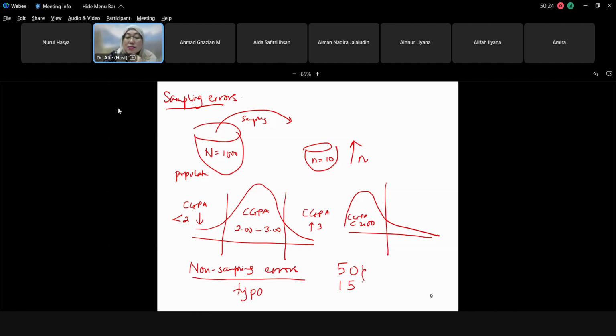This is only a typo error that comes during data entry, so this is called a non-sampling error. Also, some people might type 21.77 but write it as 31.77. Again, this is a typing error, so those can be considered non-sampling errors.